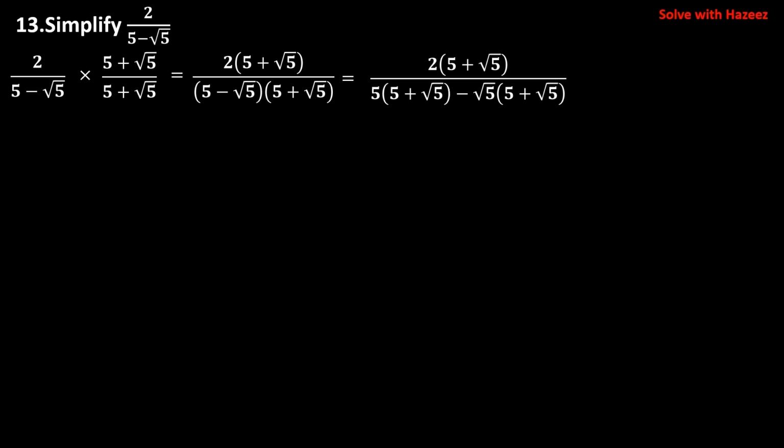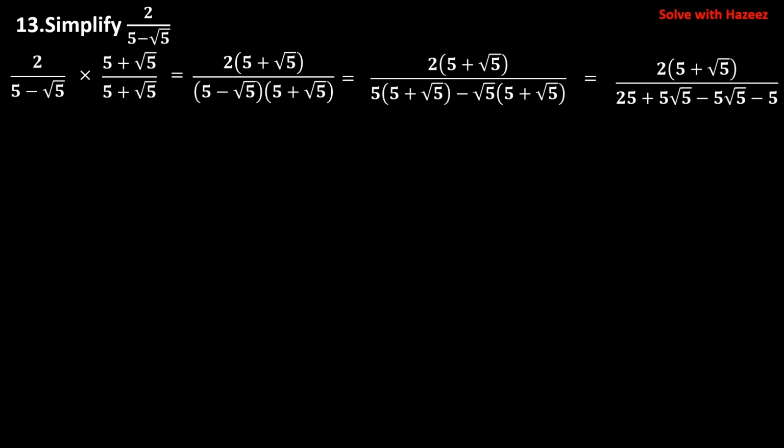Then at the denominator we'll be opening the bracket. So we'll be using the first term to open the bracket, then the second term as well. So we'll be having 5 open bracket 5 plus root 5 minus square root of 5 open bracket 5 plus root 5. And this will result to 2 open bracket 5 plus root 5 at the numerator.